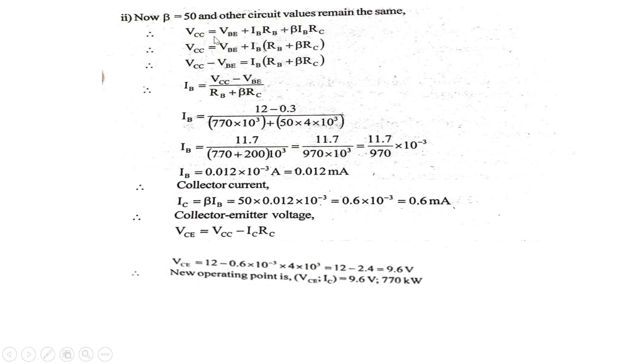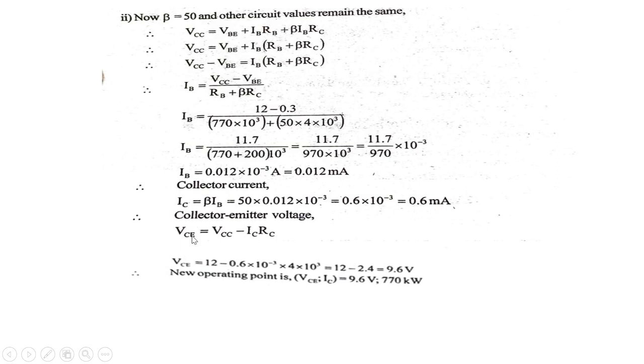Therefore, VCC equal to VBE plus IB RB plus beta IB RC. So, IB equal to VCC minus VBE upon RB plus beta RC. So, IB equal to 0.012 milliampere. Now collector current IC equal to beta IB, that is equal to 0.6 milliamperes.